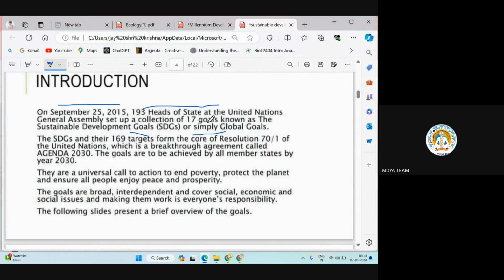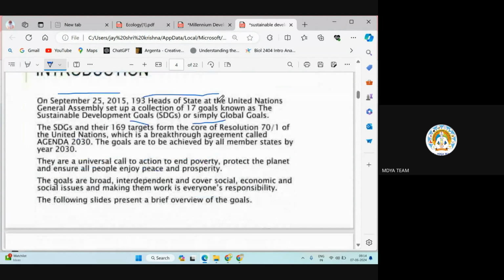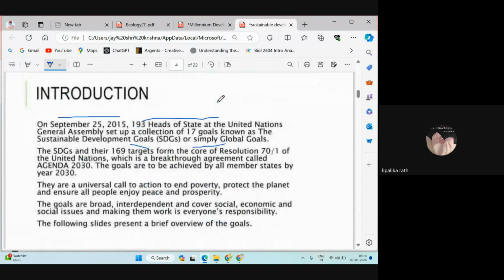In Millennium Development Goals, how many countries were there? 189. And it was set to be achieved by 2015. In 2015, they declared new goals which they will be achieving by 2030.